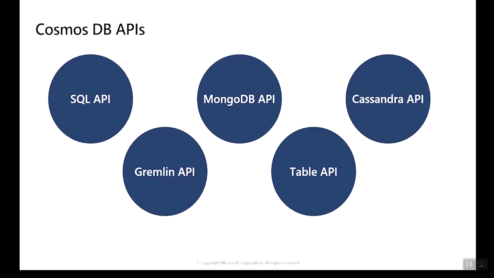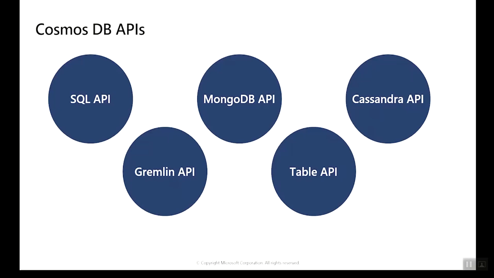The MongoDB API is used to support any MongoDB databases that you might already be using for your applications. MongoDB is another well-known document database. It's got its own programmatic interface, and many organizations use it on premises.